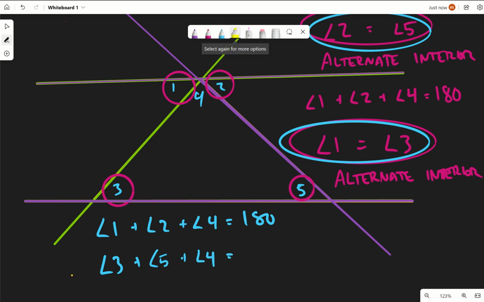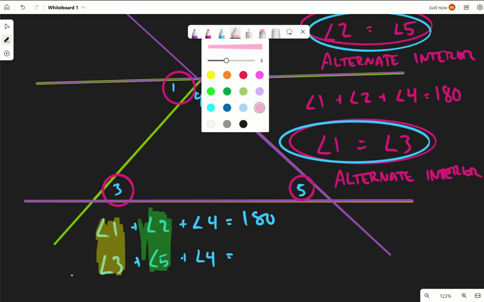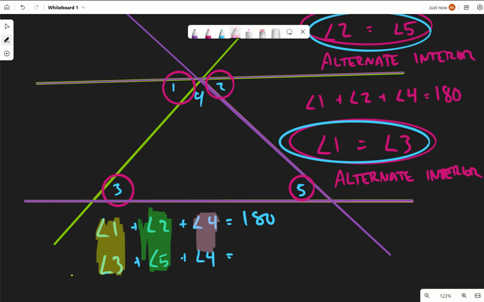Because these are the same measure, nothing's actually changed here, this is the same problem, and it's still going to equal 180 degrees.